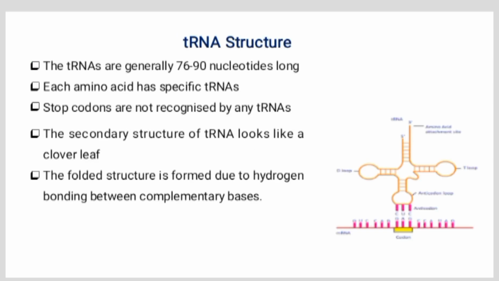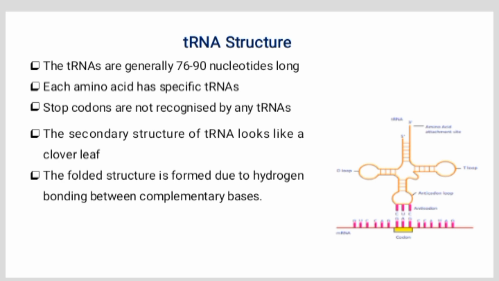Structure of tRNA. Generally, an RNA molecule 76 to 90 nucleotides long is present in the tRNA. Each amino acid has specific tRNAs. The codons for amino acids include the start codon as well as the stop codon.